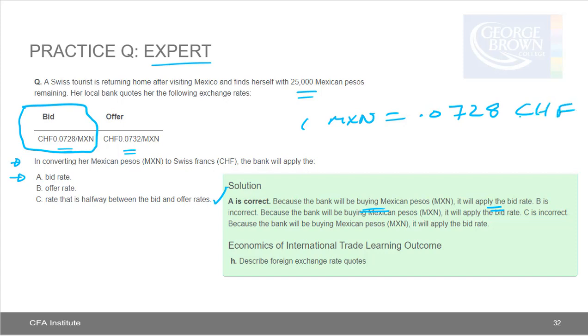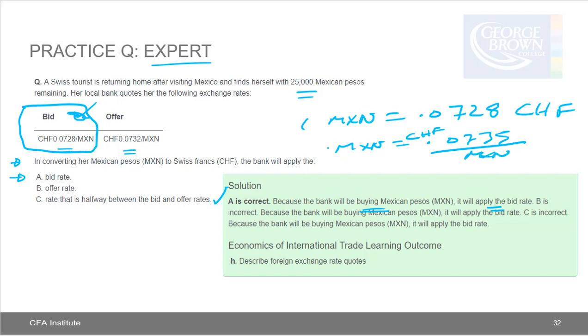Okay, so we could look at a scenario where they're going to ask you, has the currency appreciated or depreciated, and they're giving it to you in the form of a fraction with a numerator and denominator. When you're looking at the denominator, just put the number 1 and write it out this way. So for example, if the exchange rate moved to 0.0735 MXN, okay, the way that would look in terms of the question would be CHF here and MXN here.